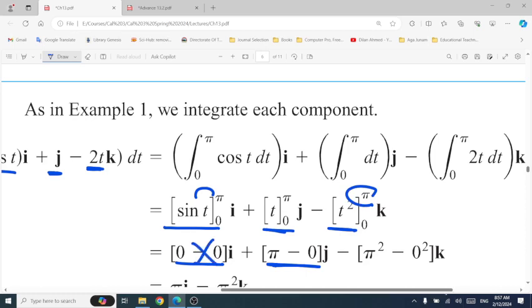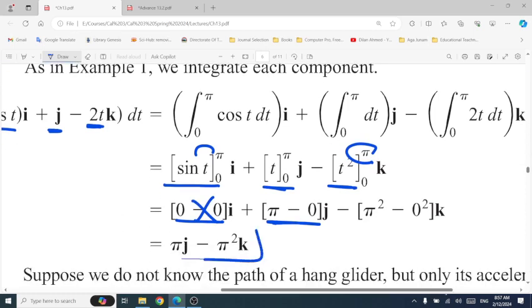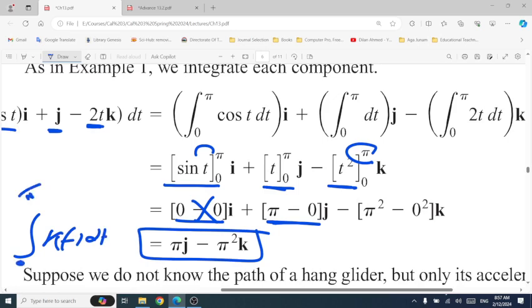Then it will be 0 i plus pi j minus pi squared k. That is the integral of r(t) when t is between 0 and pi. Did you understand? Is there anything which is unclear? No question? Good.